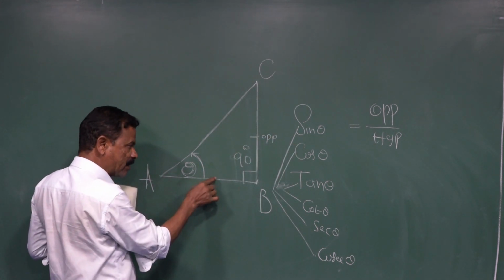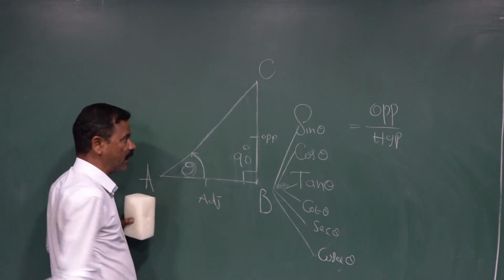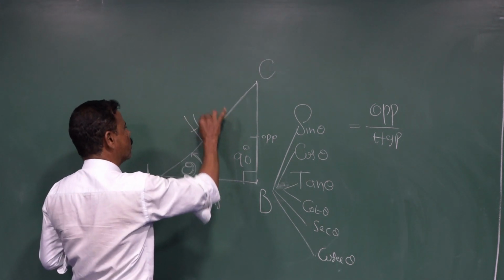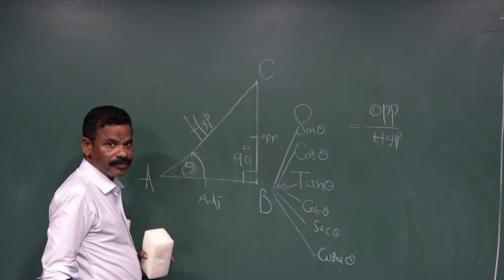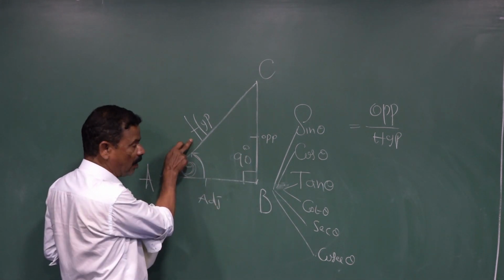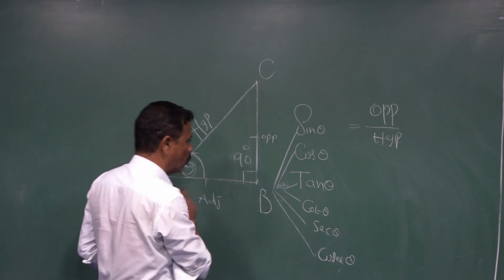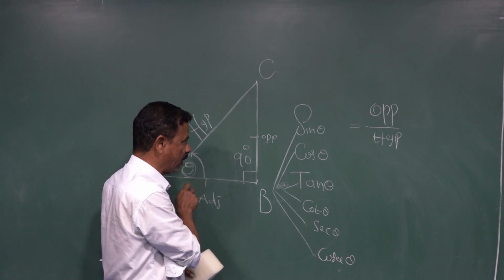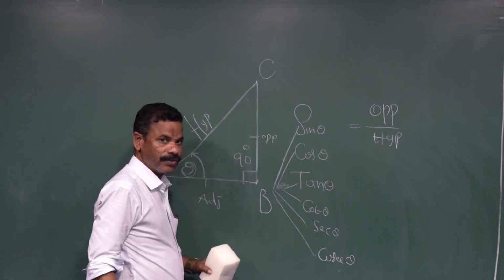Remaining side, the neighbor side, is the adjacent side. This is the hypotenuse. The hypotenuse is always more than the sides, more than this side and this side. So in this right angle triangle, sin theta is opposite by hypotenuse.